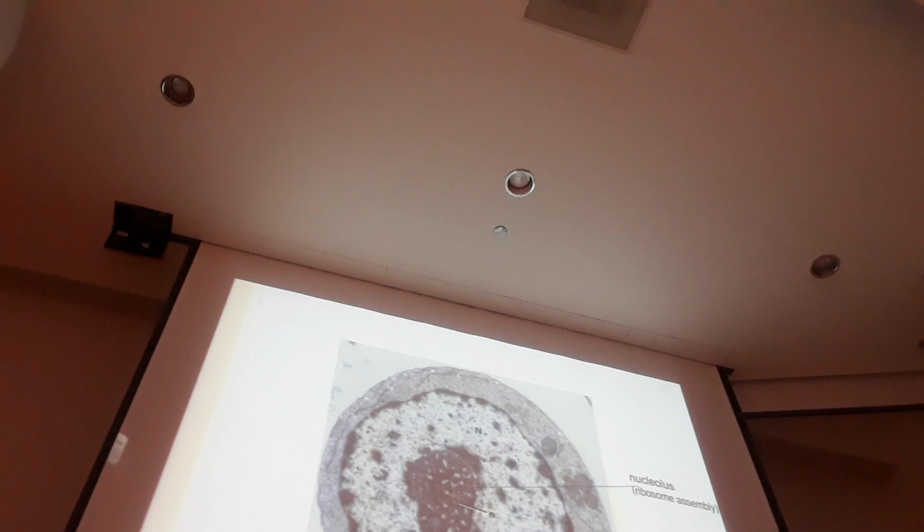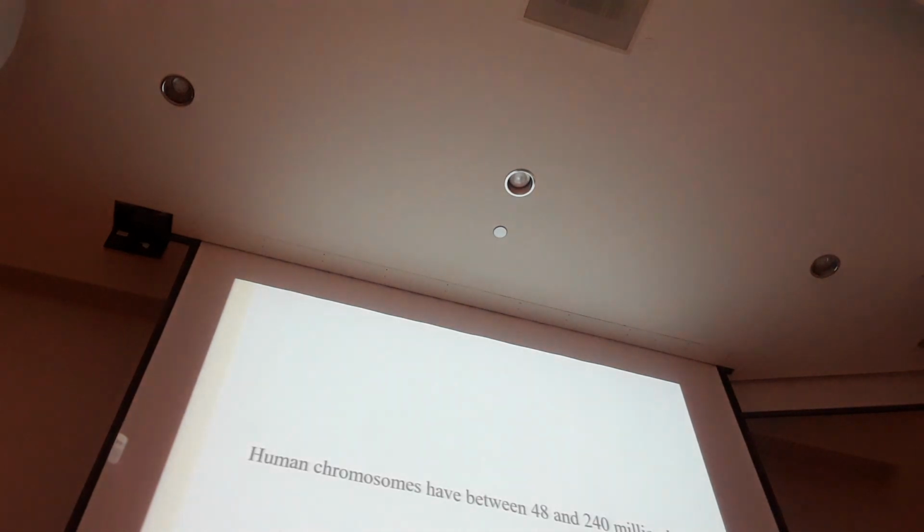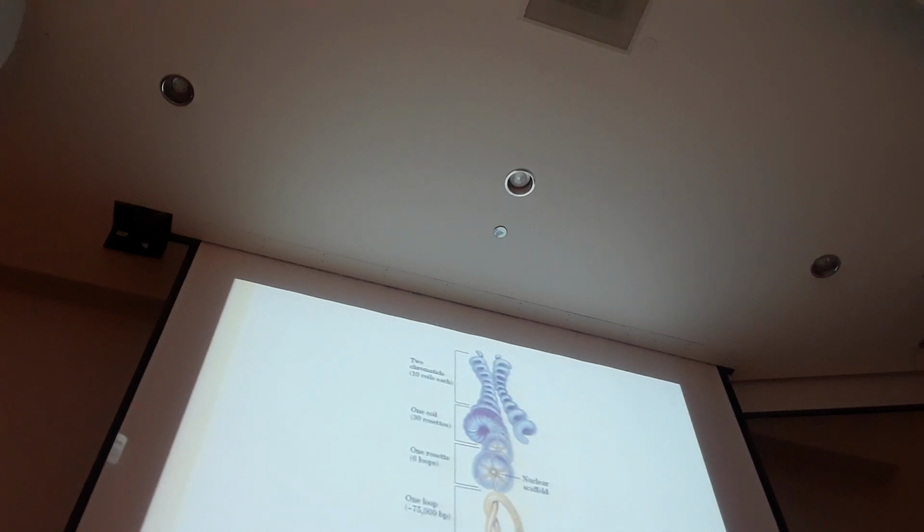So how do we get such a long molecule into such a tiny nucleus? By condensing the molecule. That's a process that is not fully understood, but consists of various levels, which are summarized here.